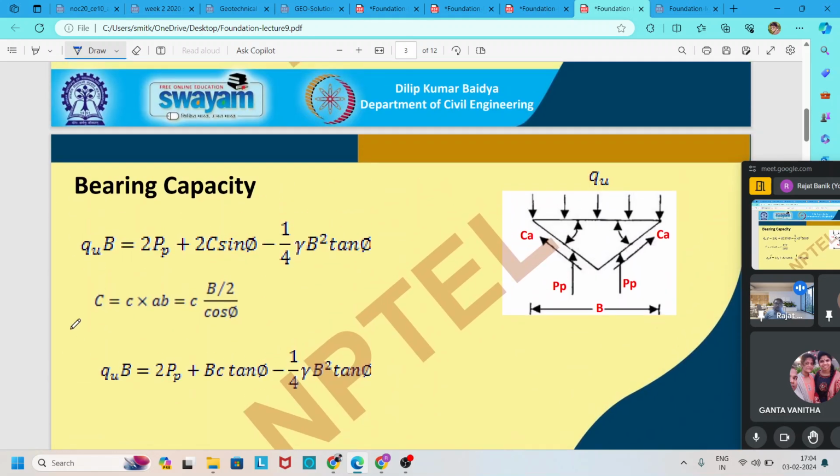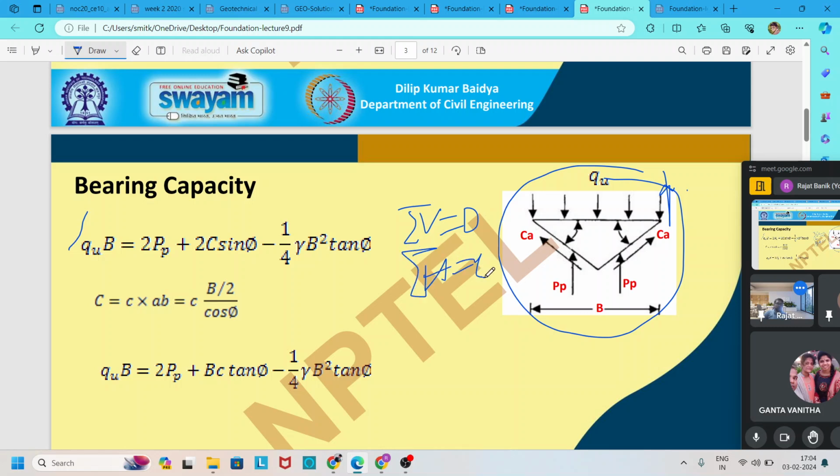And these are the equations. If we take the wedge and balance the forces vertically, that is summation of V equal to 0, or summation of horizontal force also 0, we easily find out this formula.